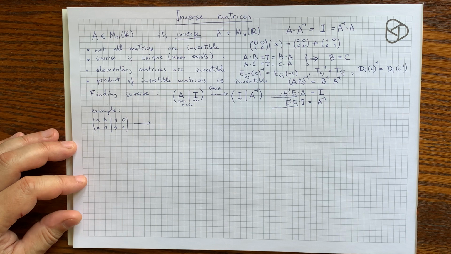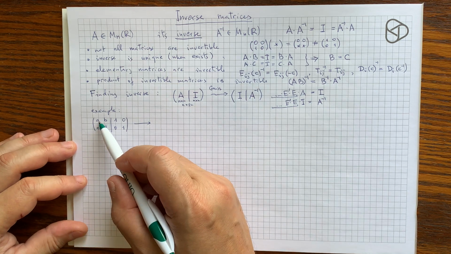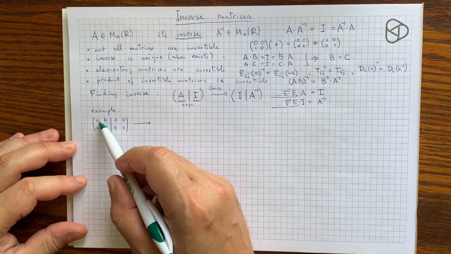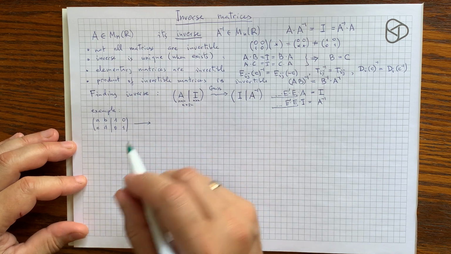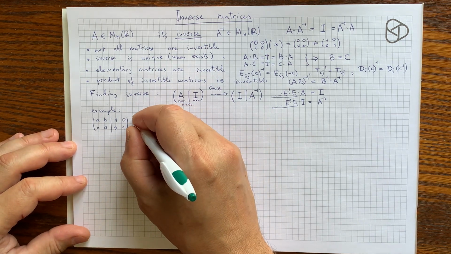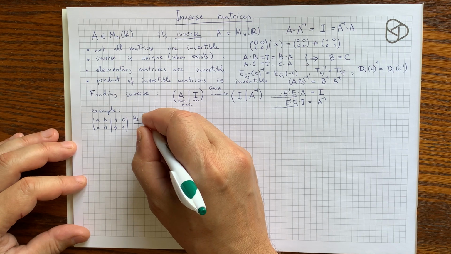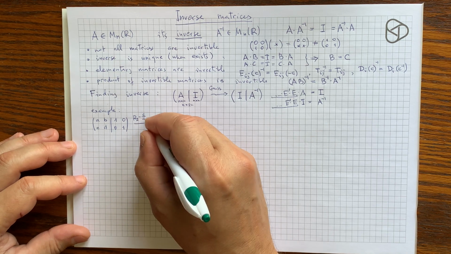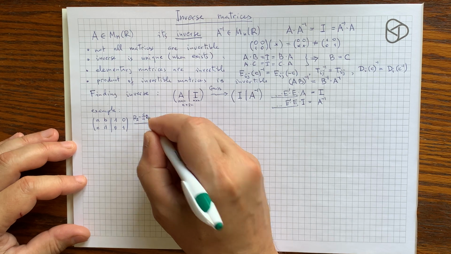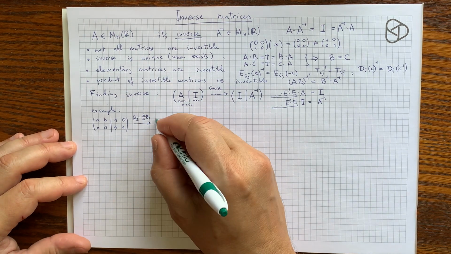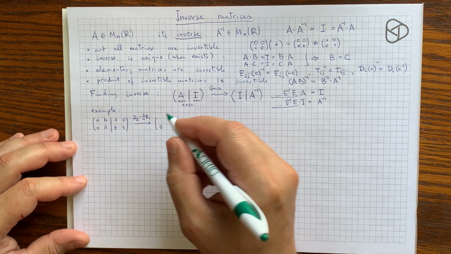The first step will be eliminating C. Well, I have to assume that A is non-zero to do that, but here let me make this assumption. Assuming that A is non-zero, I can divide by A and multiply by C, and then with this coefficient subtract row 1 from row 2, and that will create 0 here.